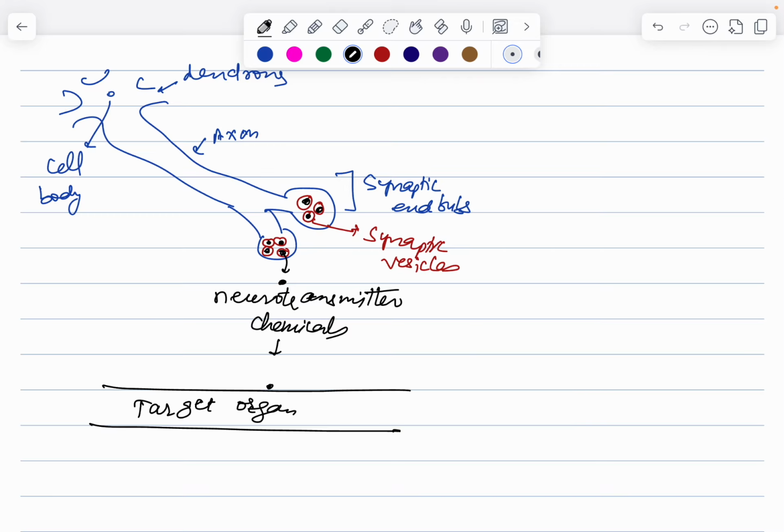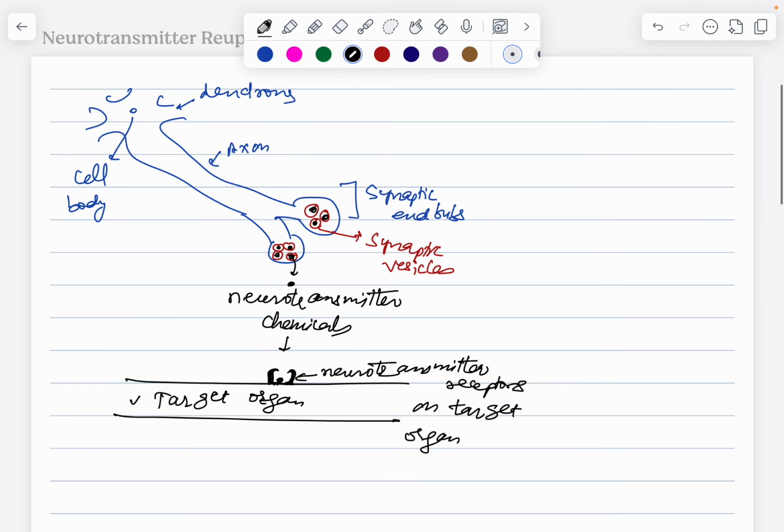So as the neurotransmitter attaches here, it is going to basically attach to the protein receptors on the target organ. These are the neurotransmitter receptors on the target organ. So when the neurotransmitter goes and attaches to these receptors, it is going to basically trigger some action in the target organ.